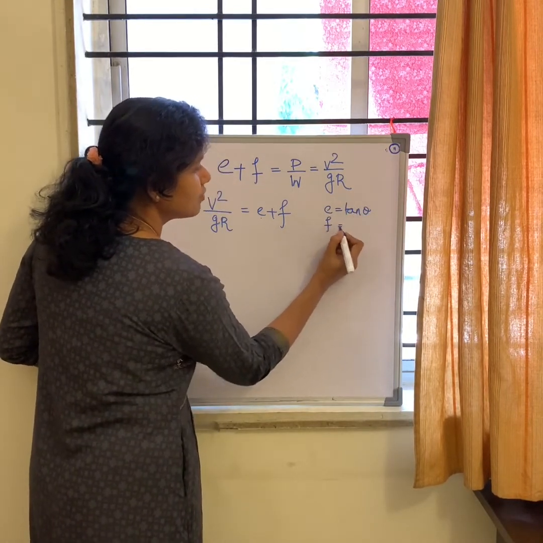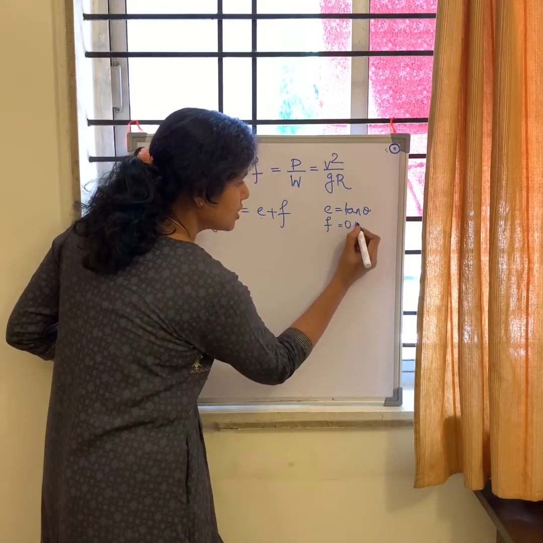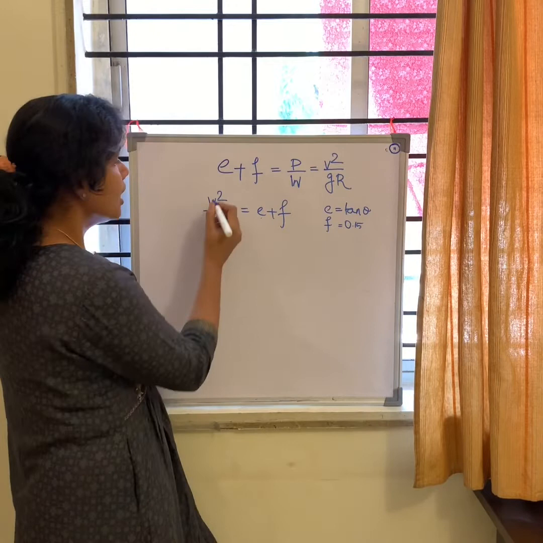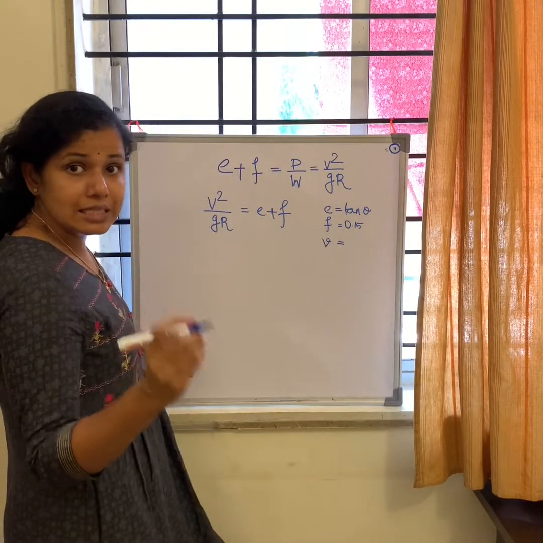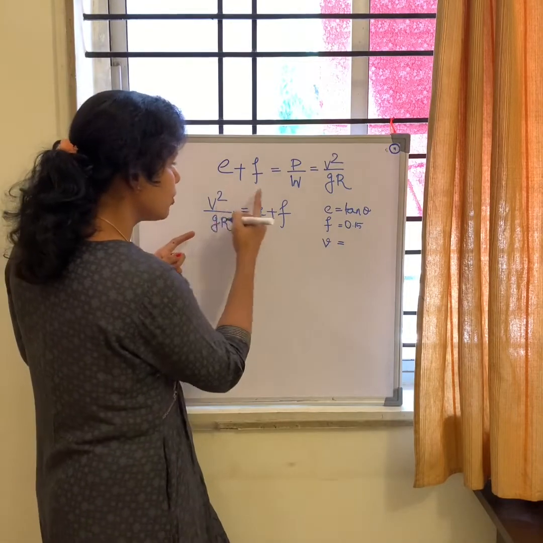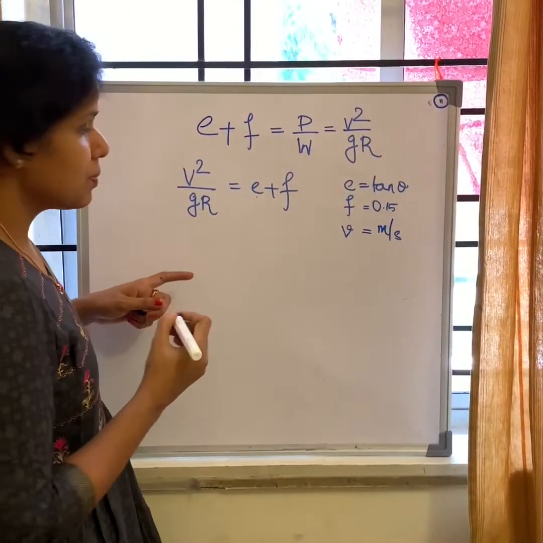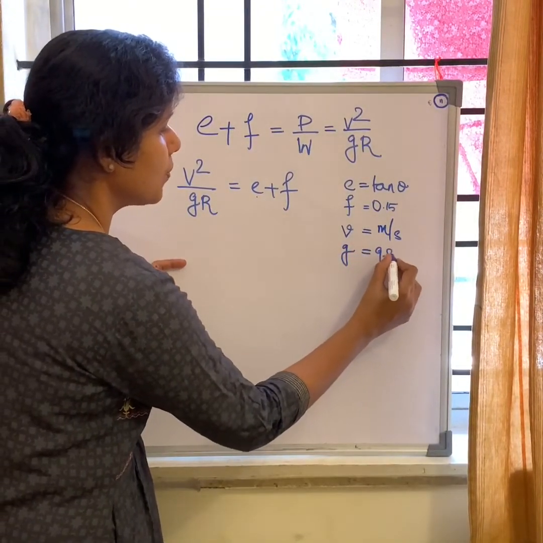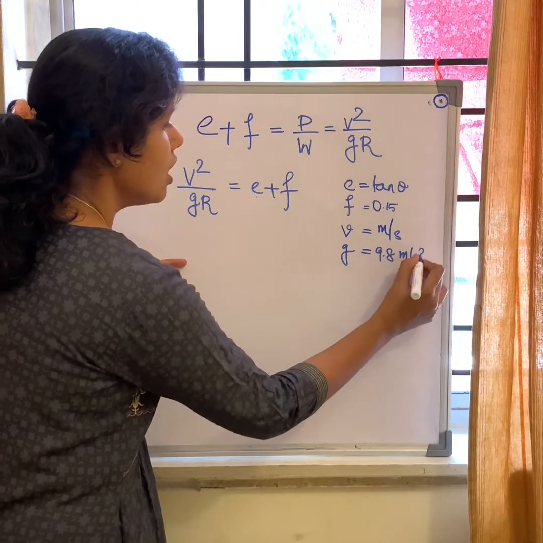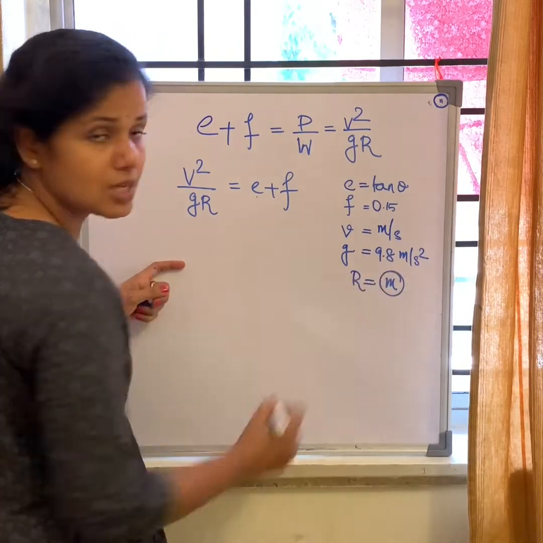F is the design value of coefficient of friction. Minimum value is being taken for design as 0.15. And V is the speed of the vehicle. Please note that if you are writing this equation, the speed is expressed in meter per second. G is acceleration due to gravity, 9.8 meter per second square. R is the radius of the horizontal curve, expressed in meter.